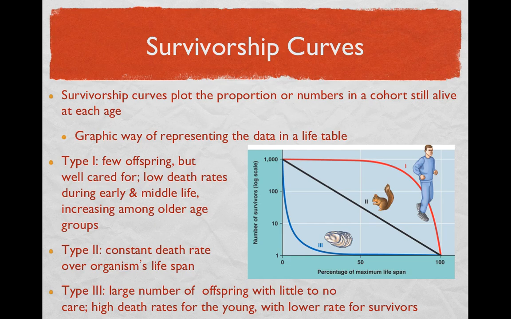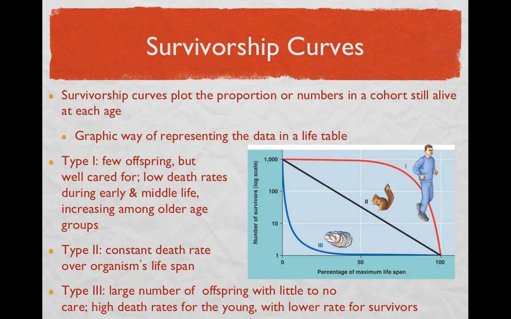All right, so we take this type 1 curve, and these are sort of your larger mammals, us included, where you've got very few offspring at the beginning, but because we care for them, there's parental care involved, your percentage of likelihood that you're going to die early on in life is relatively low.